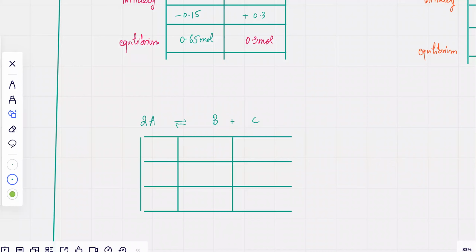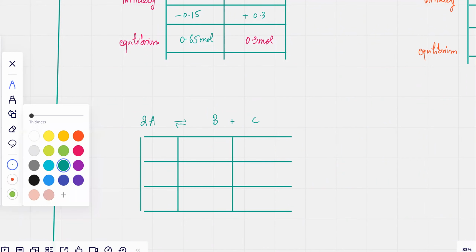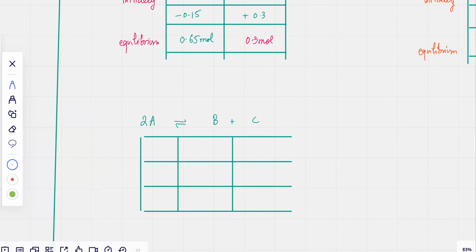My initial moles that I added in the container, right at the beginning, I added 0.5 moles of each substance. I just mixed them up. So I added 0.5 moles of B and 0.5 moles of C as well.